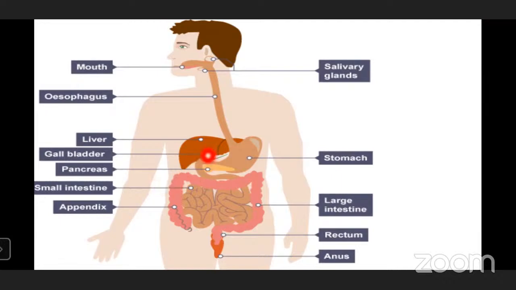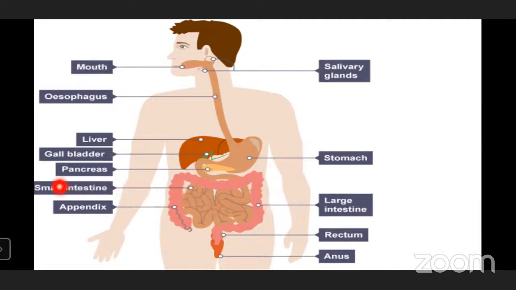Okay, this is the gallbladder. These are very important parts. The liver and pancreas are in the human digestion system. Okay, pancreas, and next one is small intestine.